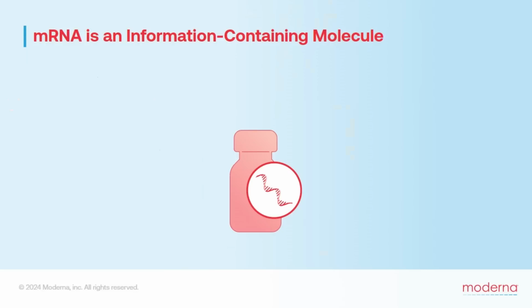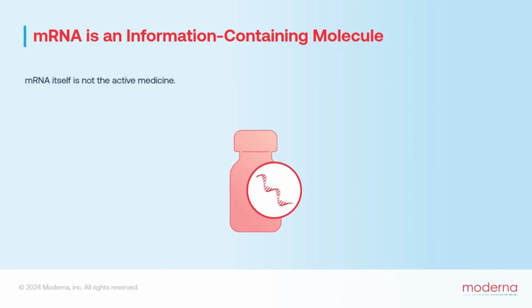The third feature is that unlike small molecules and proteins, mRNA is an information-containing molecule. It is not itself the active medicine. mRNA is simply a recipe that tells the body how to make its own medicinal proteins.